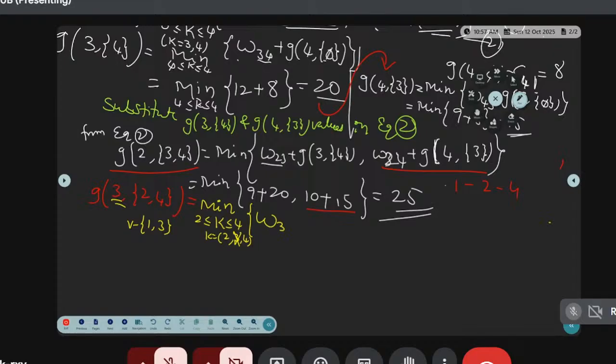Now continue: w of 3 2 plus g of k comma, w of 3 4 plus g of 4 comma 4 comma 3 4 comma 3.